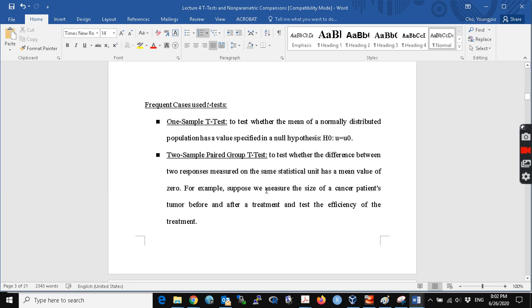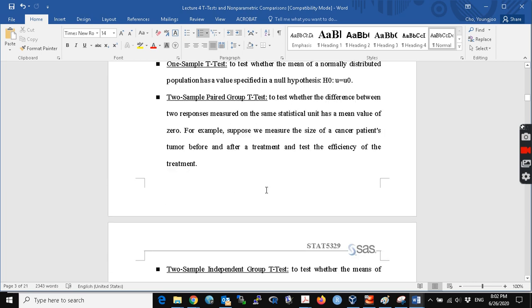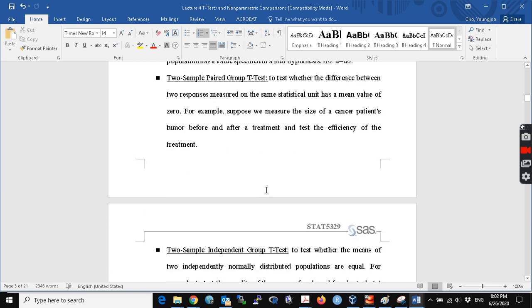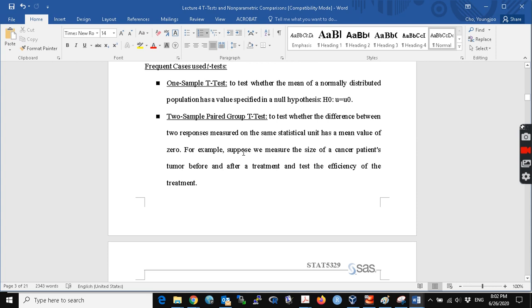The two sample paired t-test is used when you have two responses from the same statistical unit. For example, if you measure the mean blood pressure before you give the treatment, and then after you give the treatment, you are dealing with the same people, so you have repeated measures for the same people.